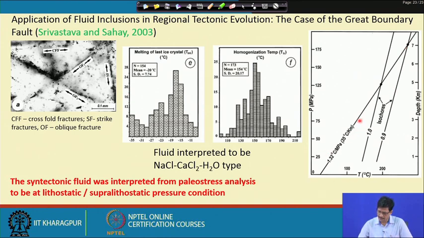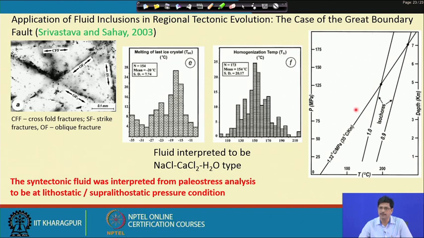Now, taking a normal geothermal gradient of 35 degrees centigrade per kilometer, which translates to 1.32 degrees per megapascal, we could see that they would correspond to some 125 to 175 megapascal pressure.